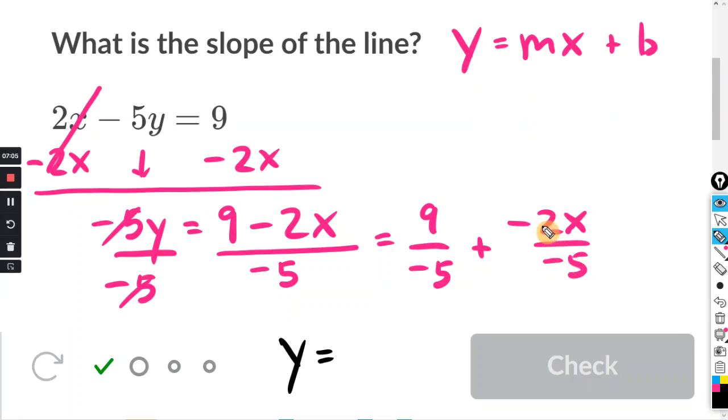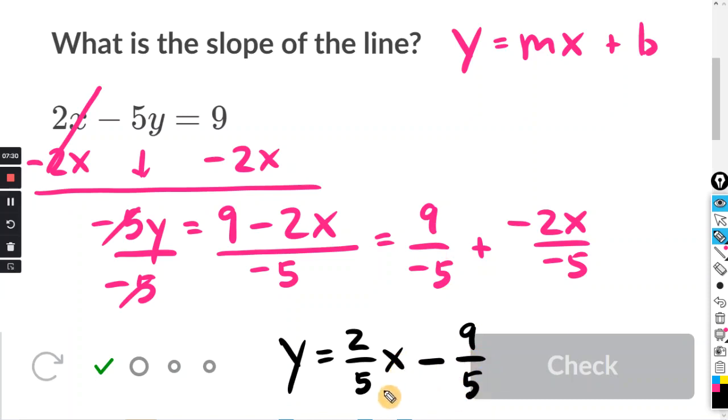So negative 2 divided by negative 5 is 2/5. And we still have the x. Okay, you can put it in the numerator or you can put it out front. It's the same thing. And 9 divided by negative 5, well, let's see, positive divided by a negative is a negative. So that's negative 9/5.